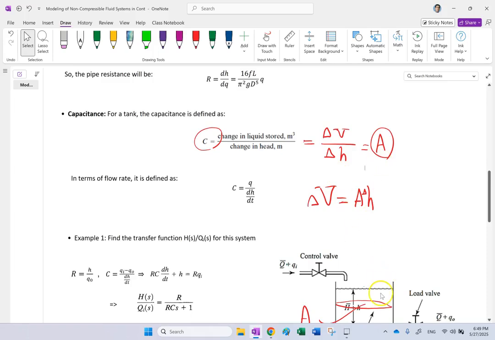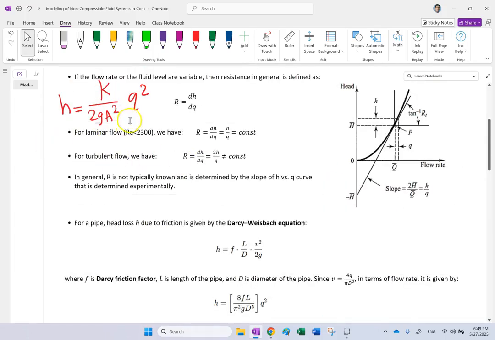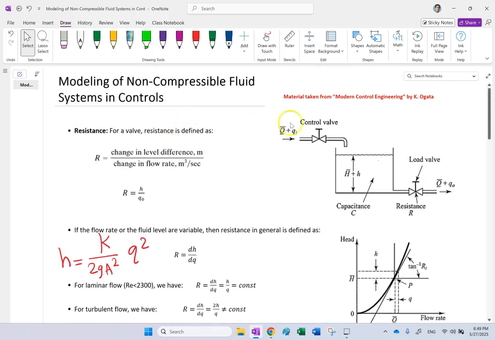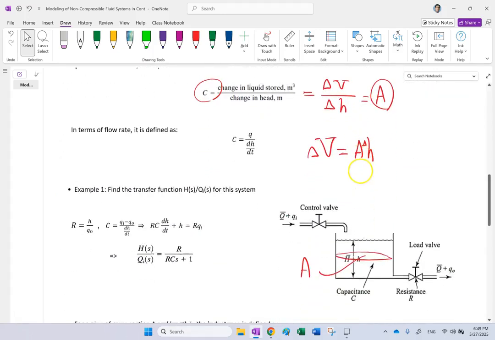So in terms of the geometry of the tank, there is something we know about the geometry of these elements that relates to the resistance or capacitance.